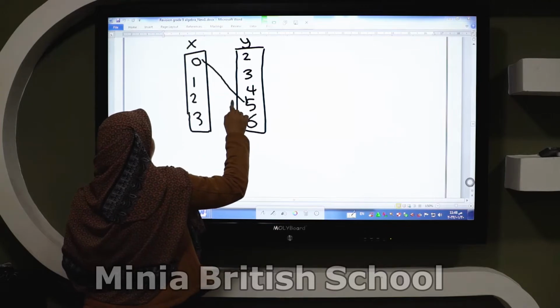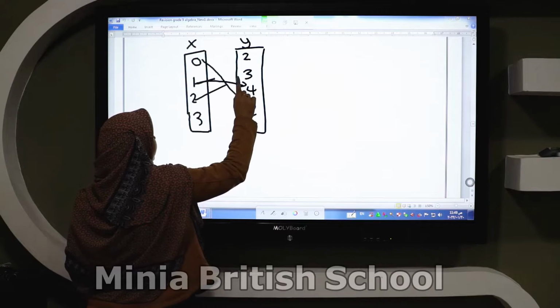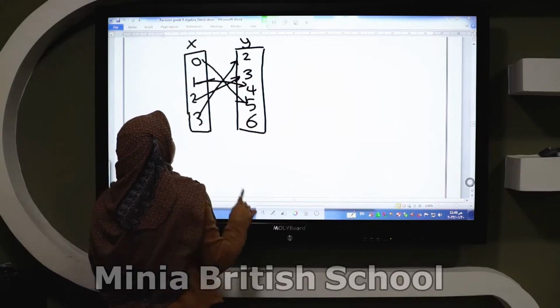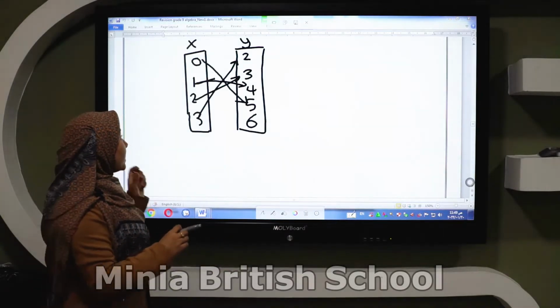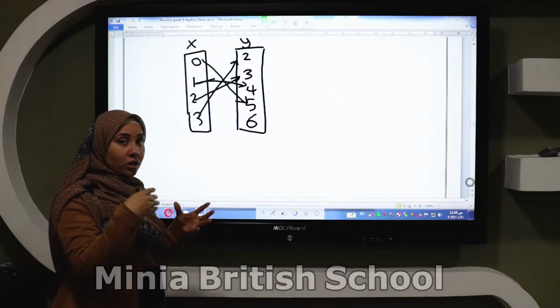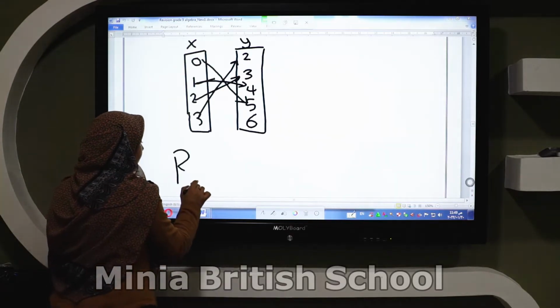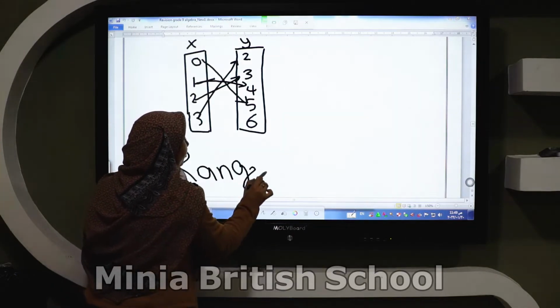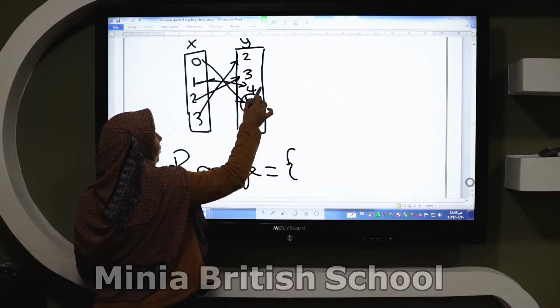Then 0 and 5, 1 and 4, 2 and 3, 3 and 2. This relation represents a function because each element in set x appears as a first projection once. And the range is the set of elements 2, 3, 4, 5.